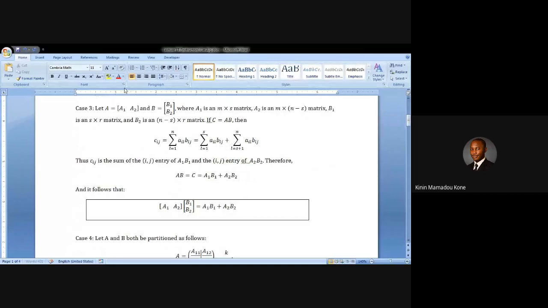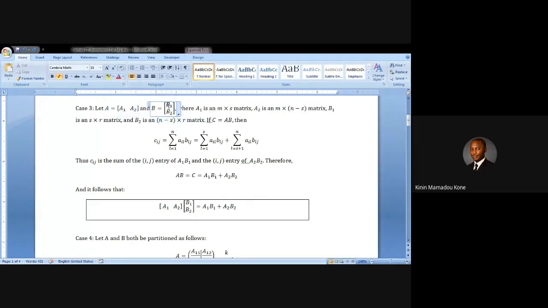Before I continue, I want to say that in order for you to be able to multiply the blocks, let's do it here. Let A equal the matrix divided into two blocks, A1 and A2. Here you have a block partitioned by columns, and here it's partitioned by rows.